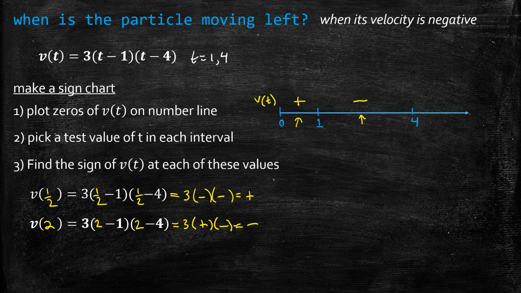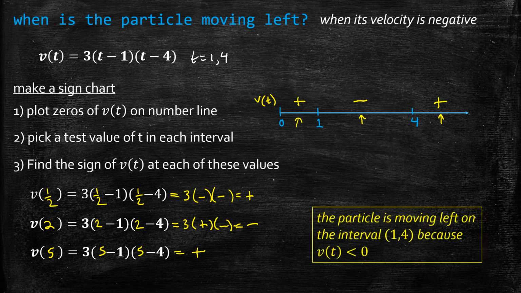So the velocity remains negative between 1 and 4, and we remember that because the particle was moving in the reverse direction. And then one more value: we take 5, so we do 5 minus 1, 5 minus 4, and you can see that that comes out to a positive number also.